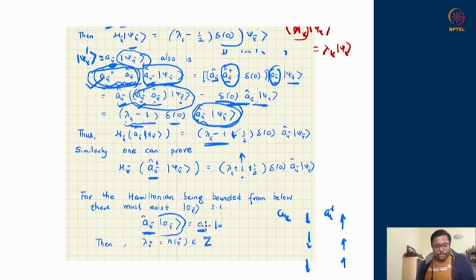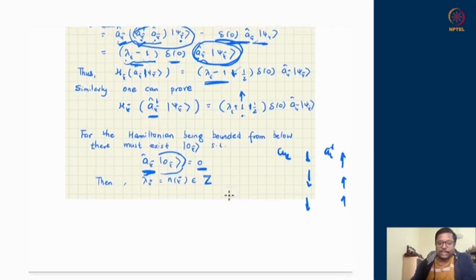So 0, number zeros, that is the state which is completely annihilated by this. And I know this AKs go down by unit 1. In any case, it will be annihilated only if these lambda k's are integer numbers. Then only going down, I will hit 0 after a few steps.